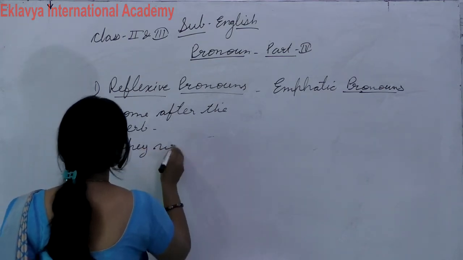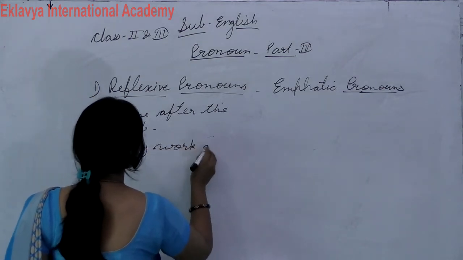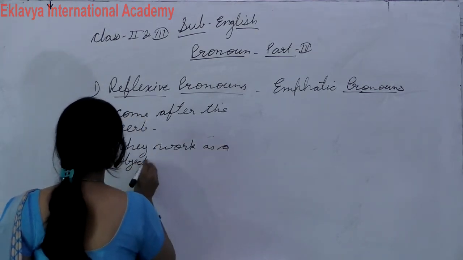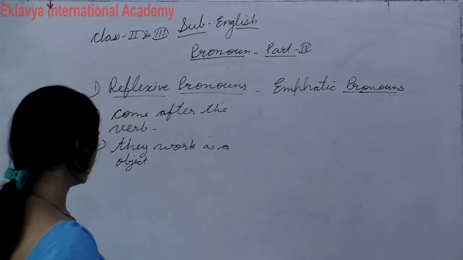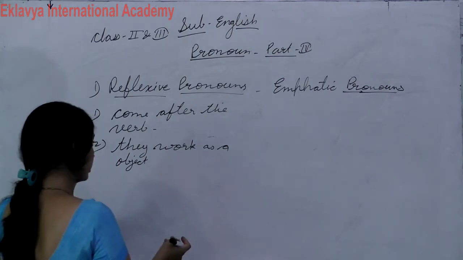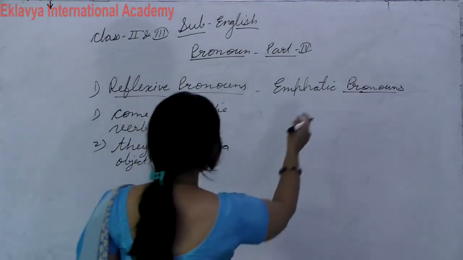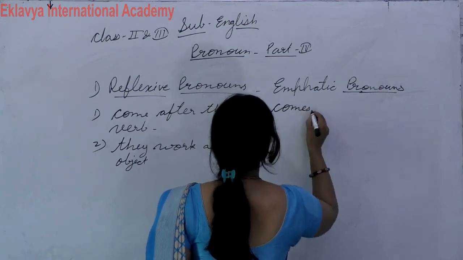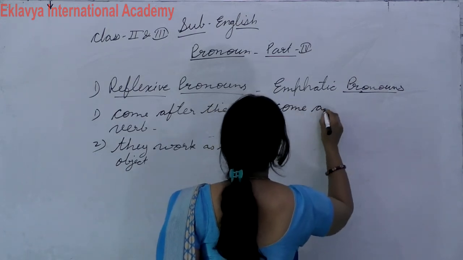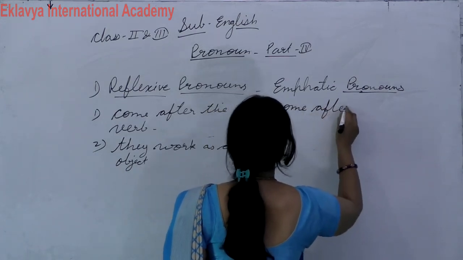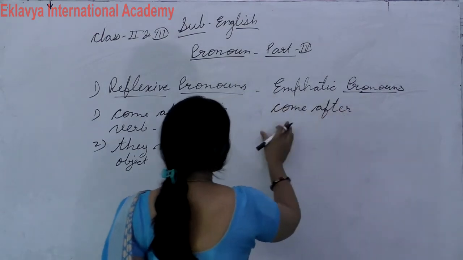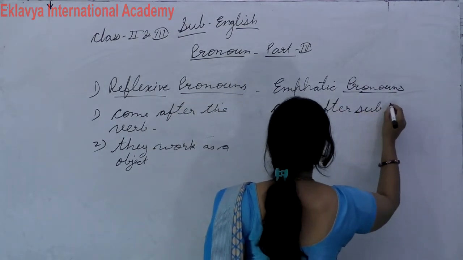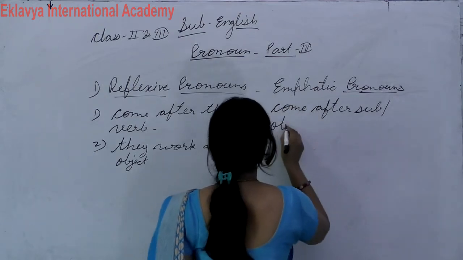Second, they work as an object. Okay, they work as an object. Okay students, so emphatic pronoun comes after the subject or object.